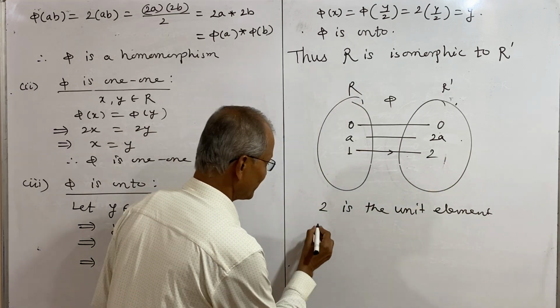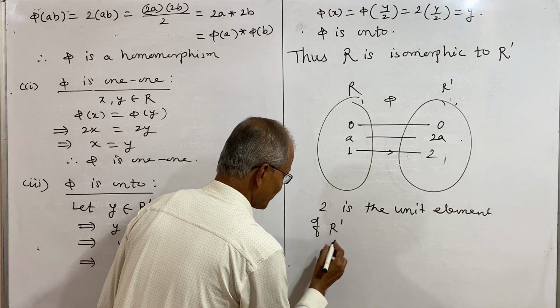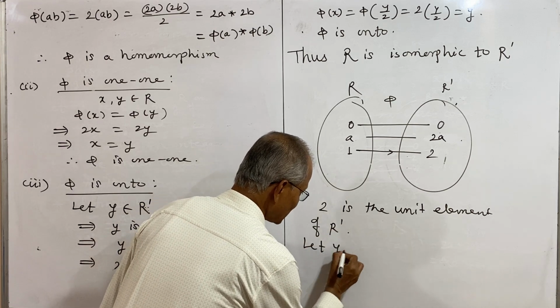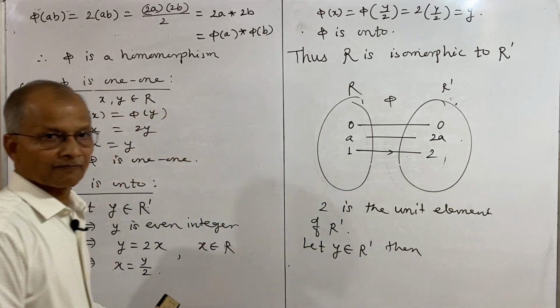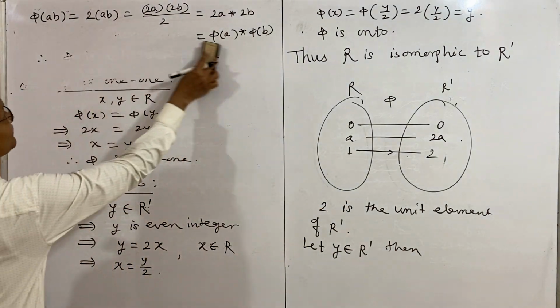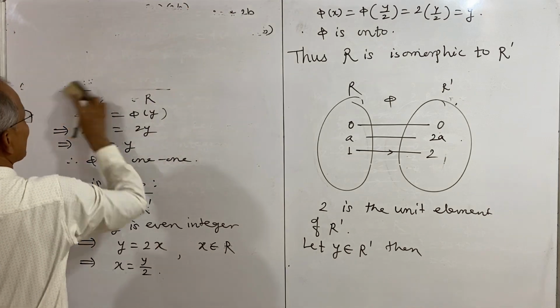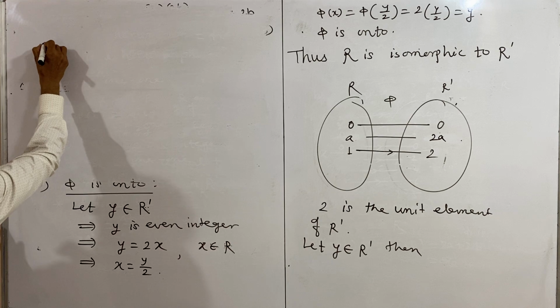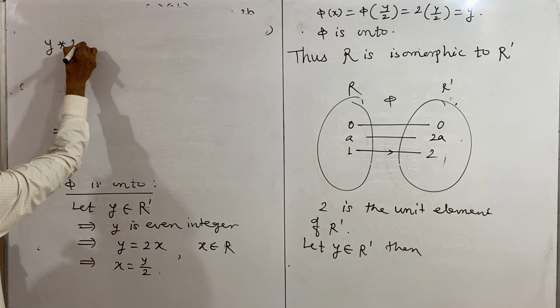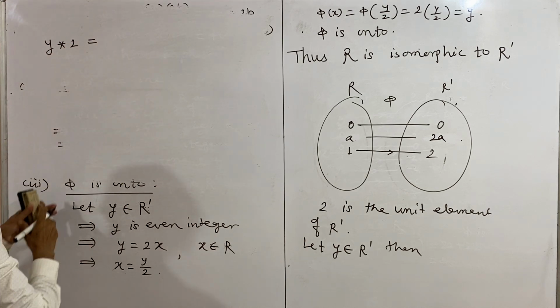2 is the unit element of R dash, because if you consider y in R dash, then what about y into 2? That is multiplication. Then y into 2 or 2 into y is by the definition of multiplication.